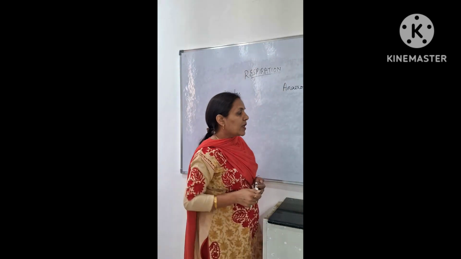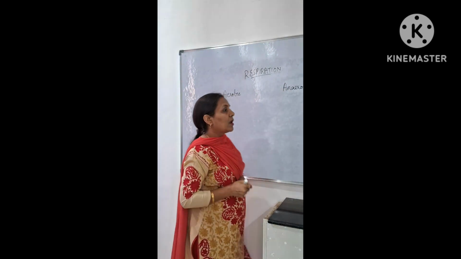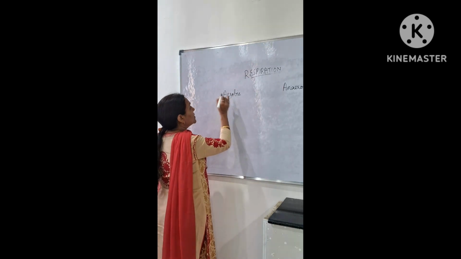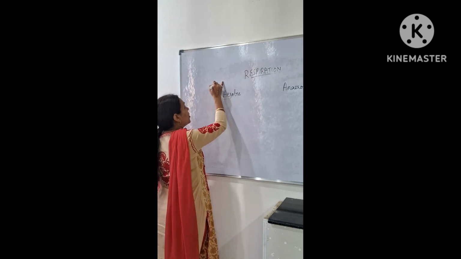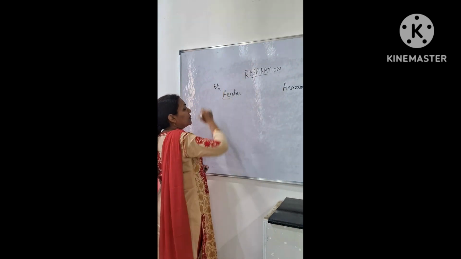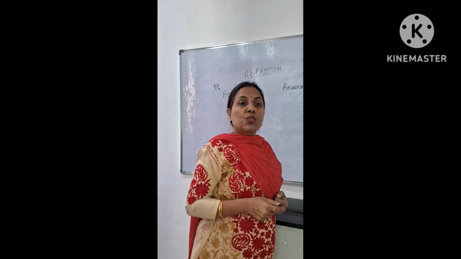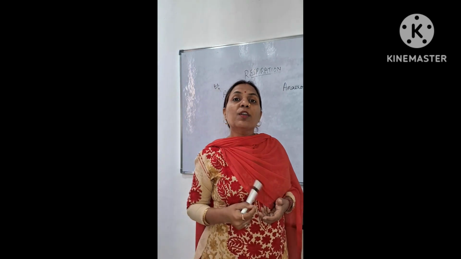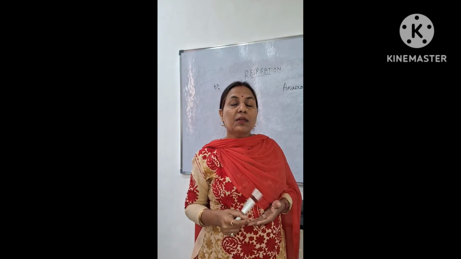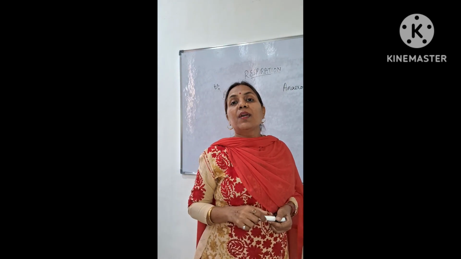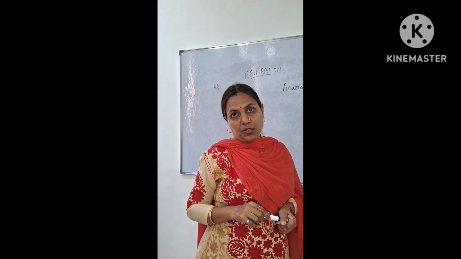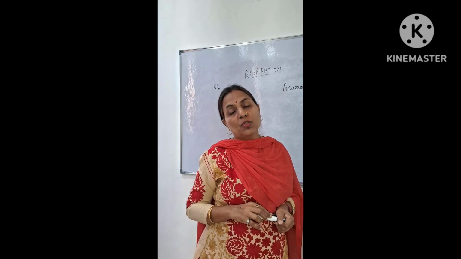Aer, A-E-R, is the original form of the term air which we use nowadays. So, we are talking of air, but actually we are just considering oxygen, whether oxygen is being used or not.